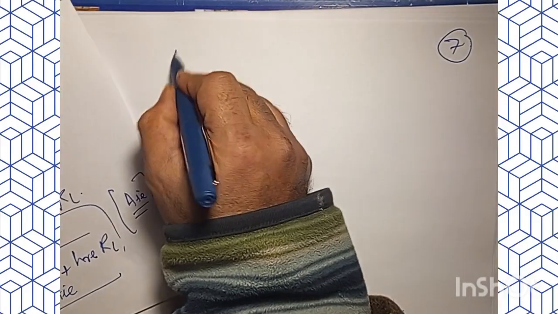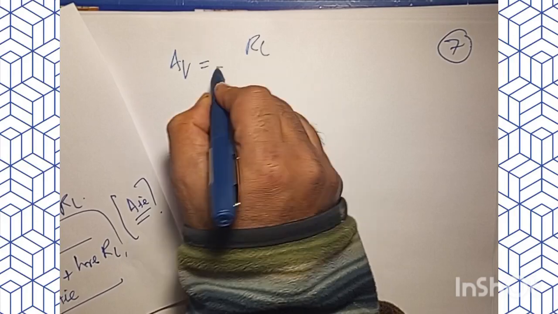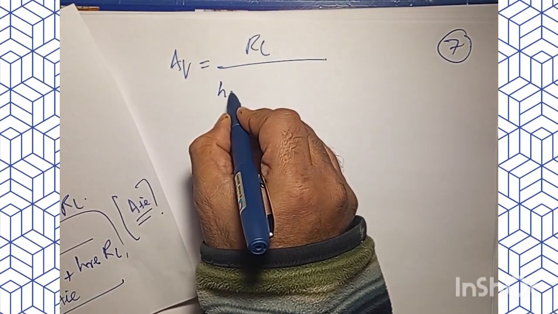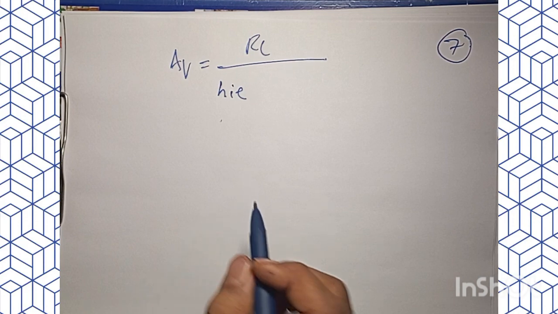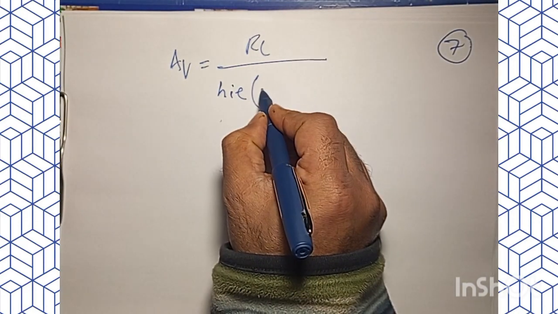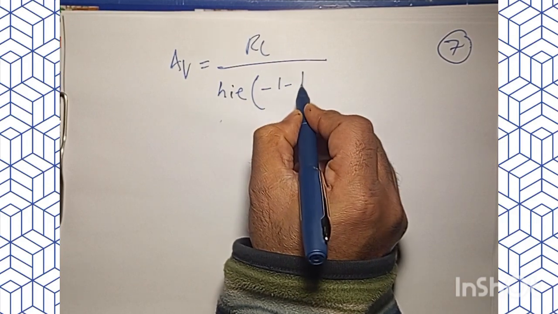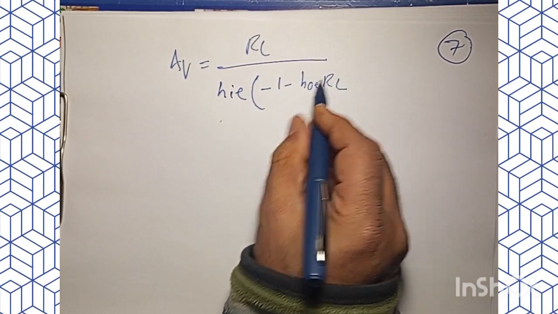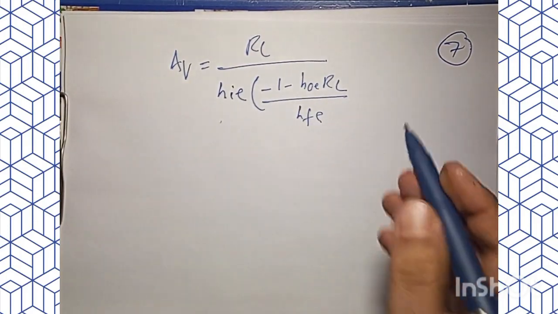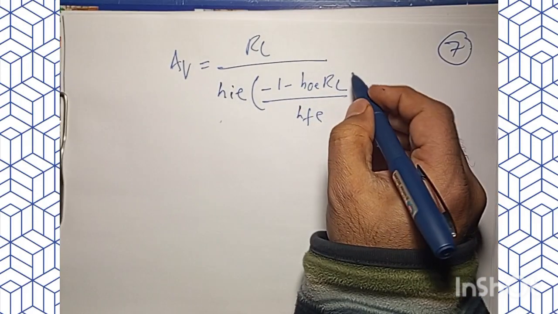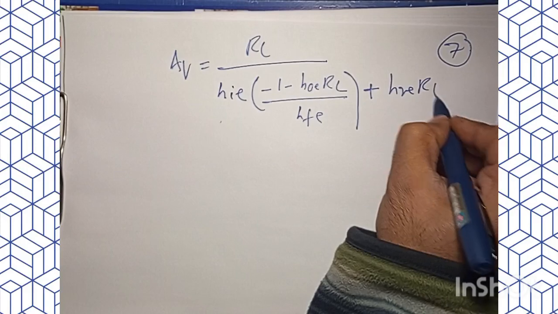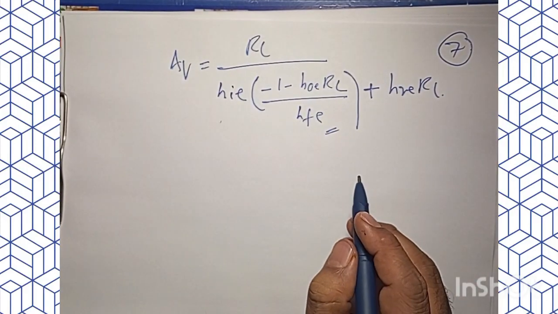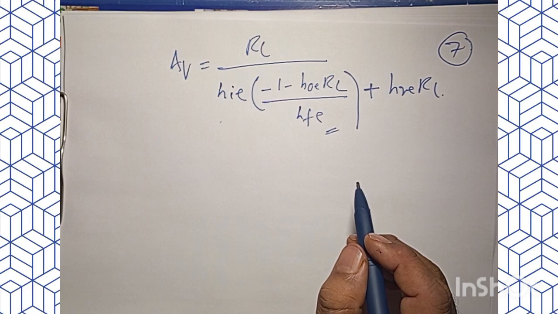So what I will use here is AV will give me RL divided by HIE. Now, what is AIE? That is already calculated: it is minus HFE divided by 1 plus HOE RL. Okay, that's correct. Then I close it, plus HRE RL. So we have used the expression for AIE.